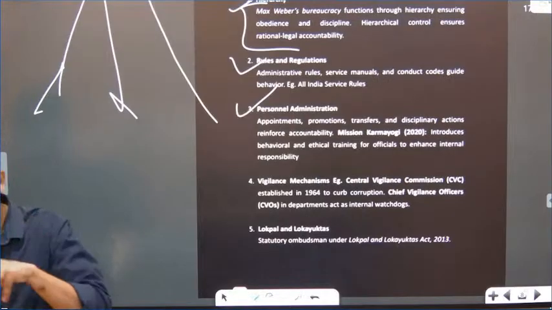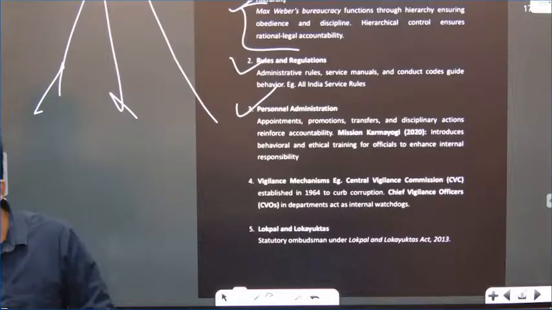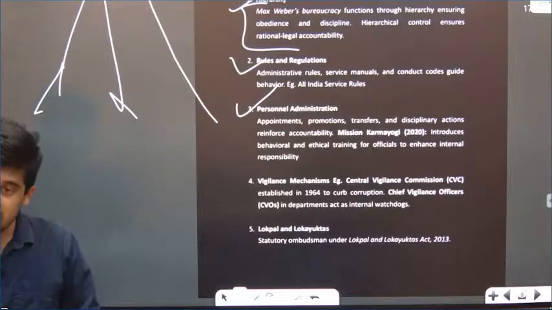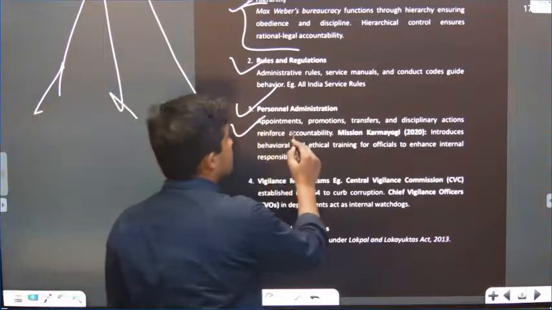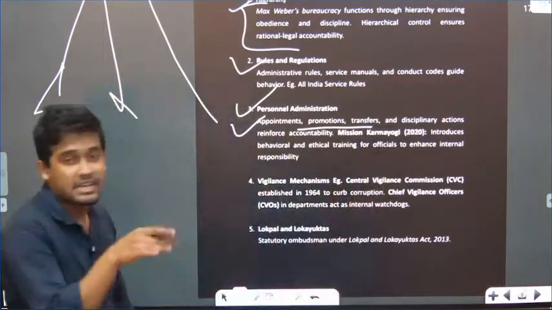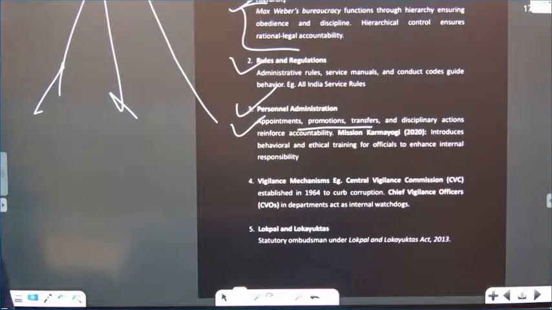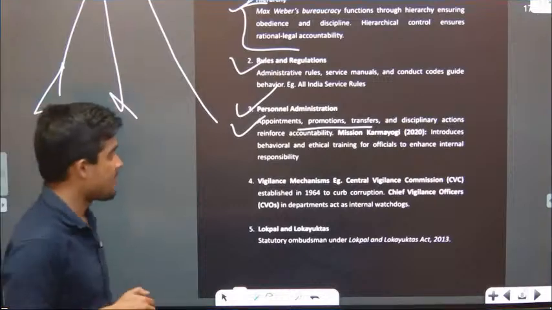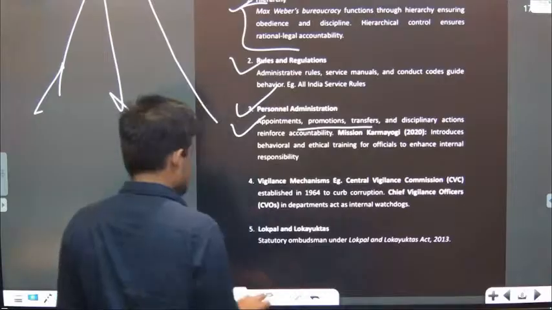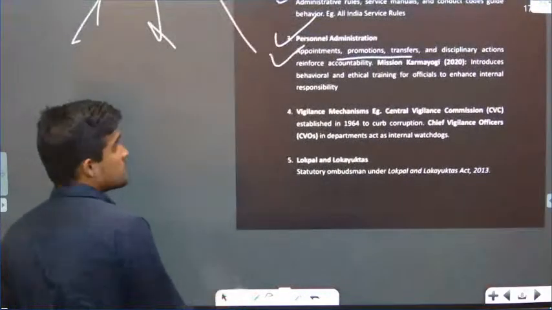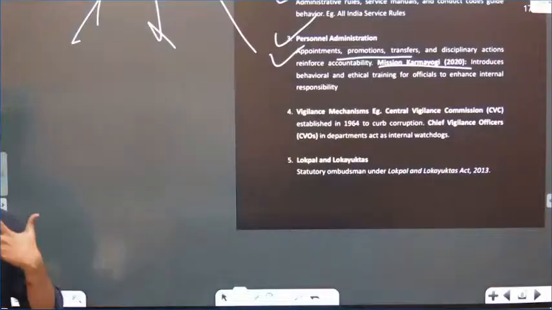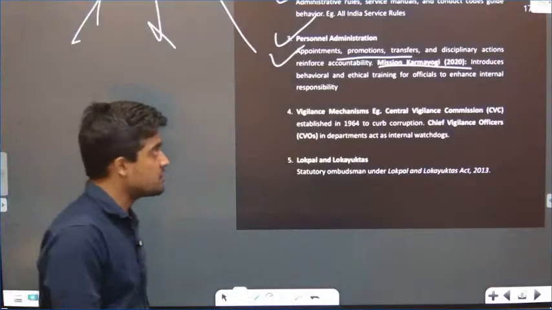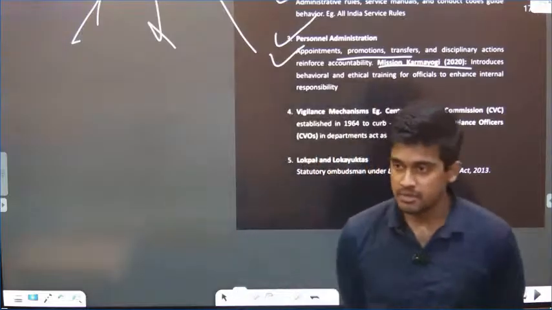That is the control of the executive on the administration: appointments, promotion, transfer, disciplinary action. So these enforce or reinforce accountability. See, Mission Karmayogi introduces behavioral and ethical training for officials to enhance internal responsibility.